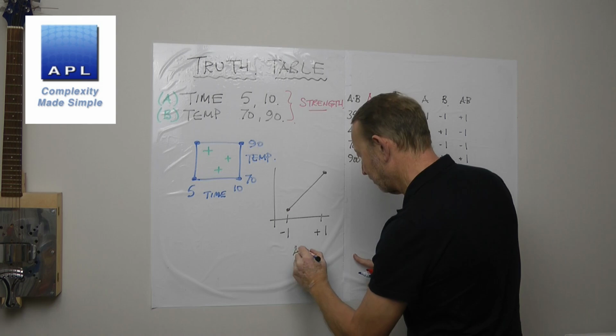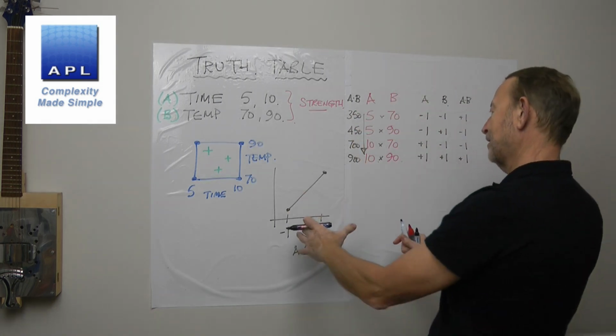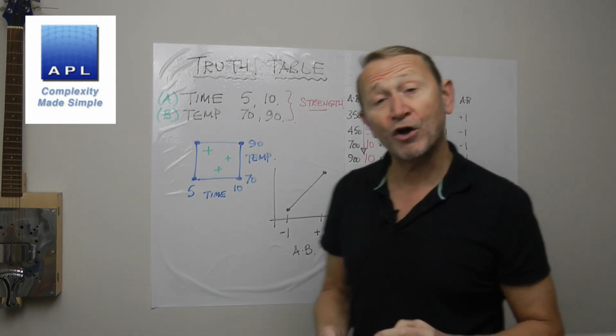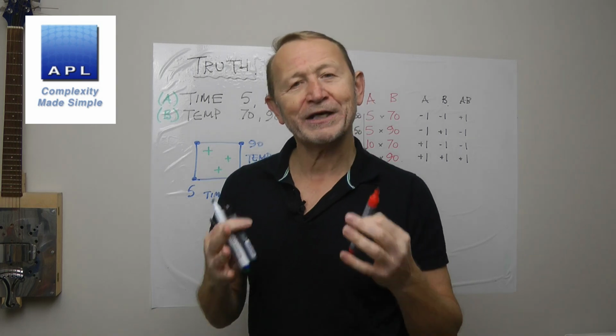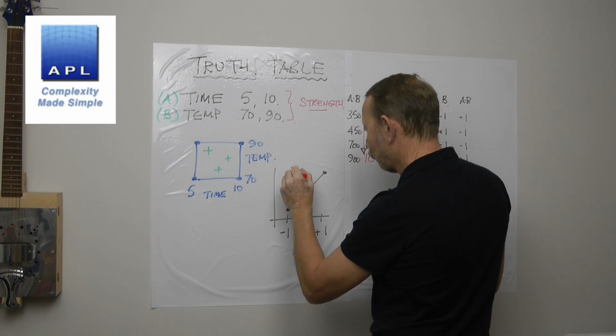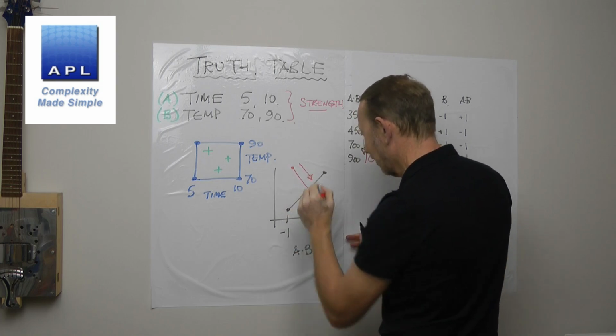And of course, this could be the AB interaction. And what he was suggesting was, well, maybe this would be the wrong way round. What if the reaction was the other way? Well, of course, what would happen is that the response would travel negatively, would travel in this direction.